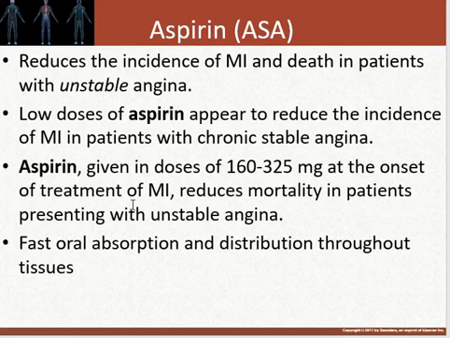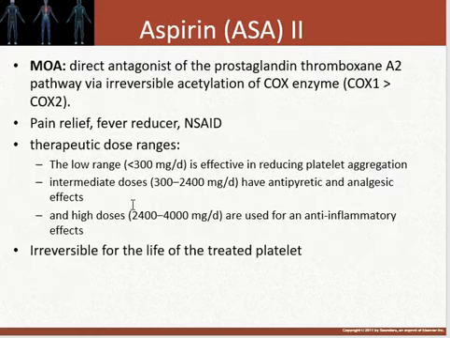Aspirin has really quick oral absorption and distributes throughout the body. Mechanistically, we call it a direct antagonist of the prostaglandin thromboxane pathway due to irreversible acetylation of the COX enzymes. It is both a COX-1 and COX-2 inhibitor, which is why it's a pain reliever, fever reducer, and non-steroidal anti-inflammatory drug.